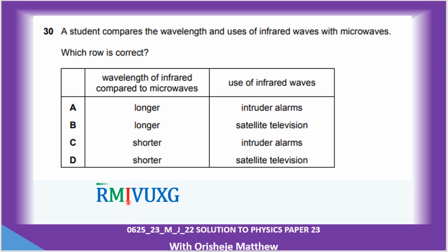We are looking at infrared, I, and microwave, M. Microwave has a longer wavelength and infrared has a shorter wavelength. So what is the use? The wavelength of infrared is shorter than the wavelength of microwave, and it is used to produce an intruder alarm. So C is the answer.